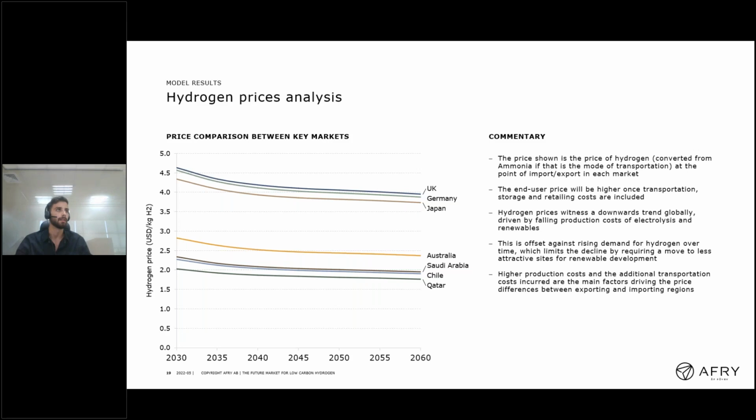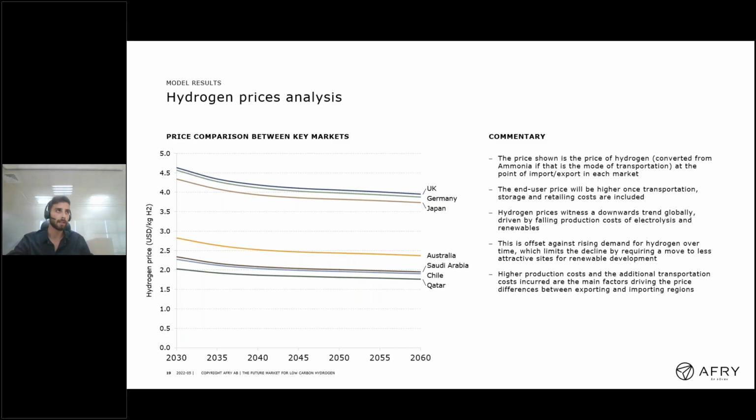First, as we said before, the lower production costs in, let's say, Australia, Saudi Arabia, Chile, and Qatar, compared to other regions. And then there's the additional transportation cost, which is directly reflected in the price at the importing regions' hubs. So this additional transportation cost will automatically lead to higher prices in importing regions.